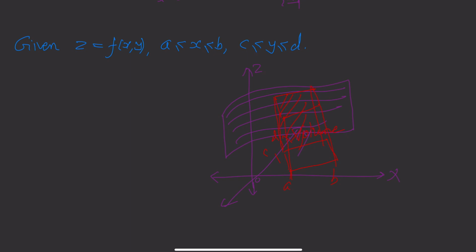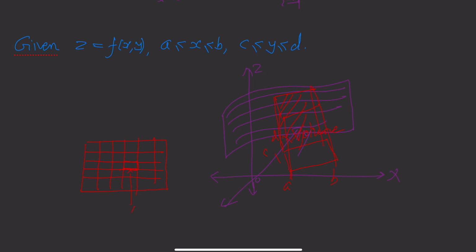So what we do here, concentrate on this rectangle which lies on the xy plane. Say the rectangle is this. We are dividing this rectangle into meshes, and say this is the particular ijth rectangle.